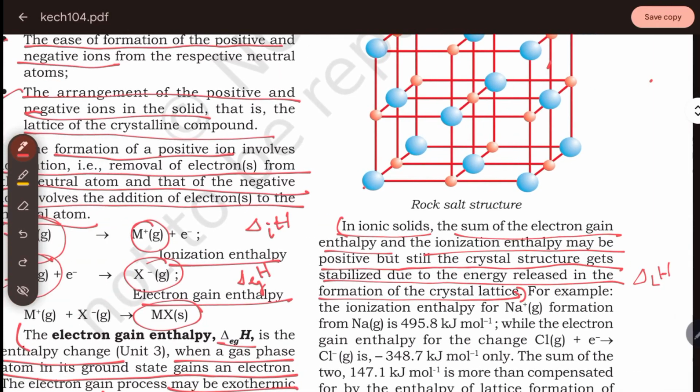This energy is known as lattice enthalpy, the energy released during the formation of the crystal lattice. If the crystal lattice is stabilized after its formation, then the lattice enthalpy will be more and more negative.